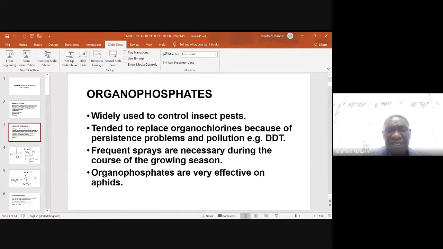However, we have frequent sprays when using organophosphates during the course of a growing season. Organophosphates are very effective on aphids.